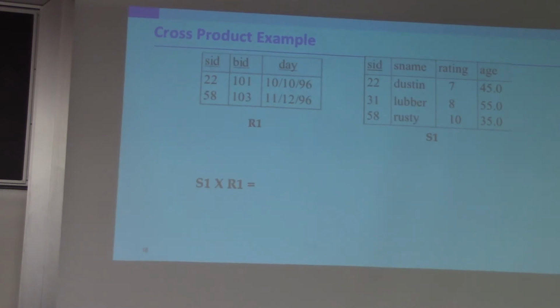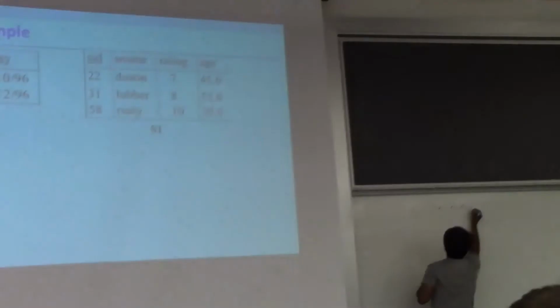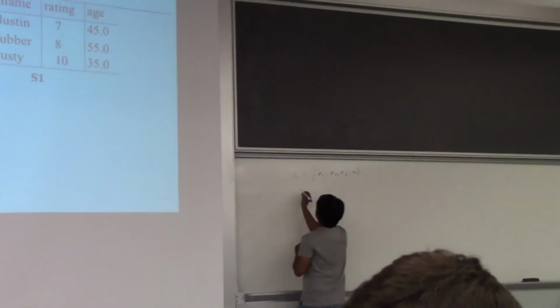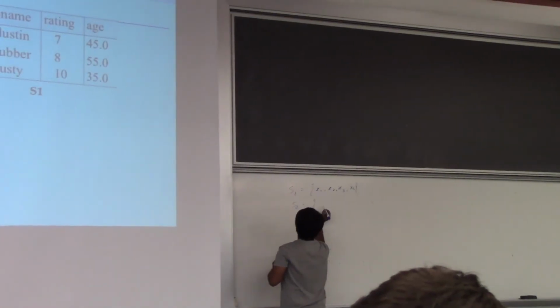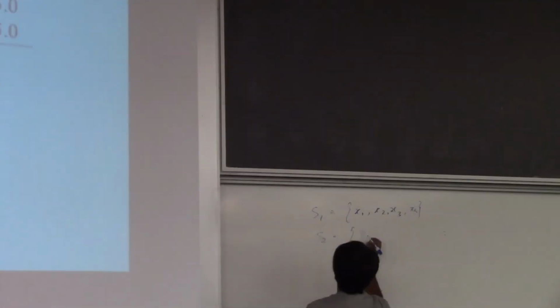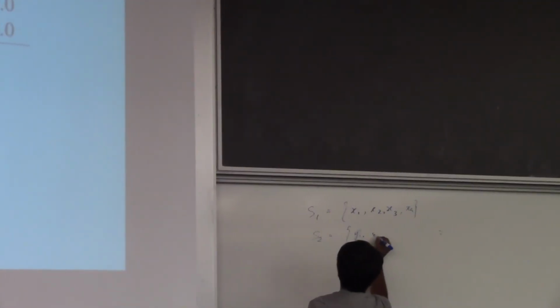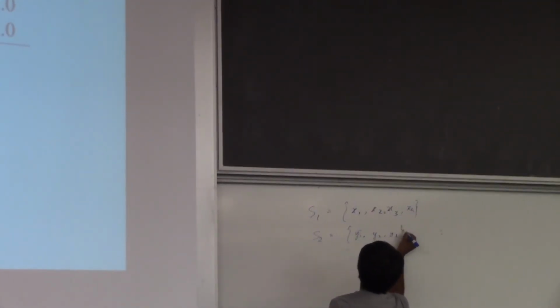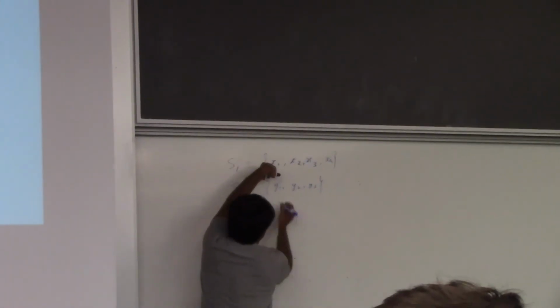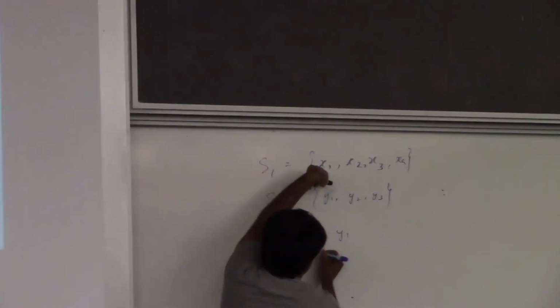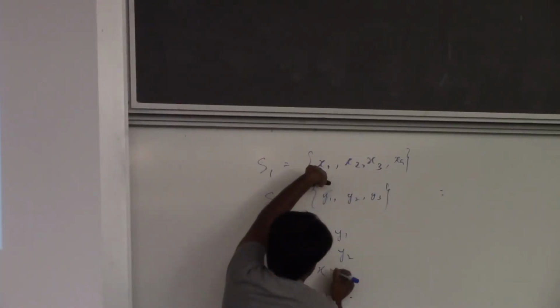Suppose we have a set that has x1, x2, x3, x4, and another set, y1, y2, y3. The Cartesian product will be x1 with all of them, y1, y2, y3.